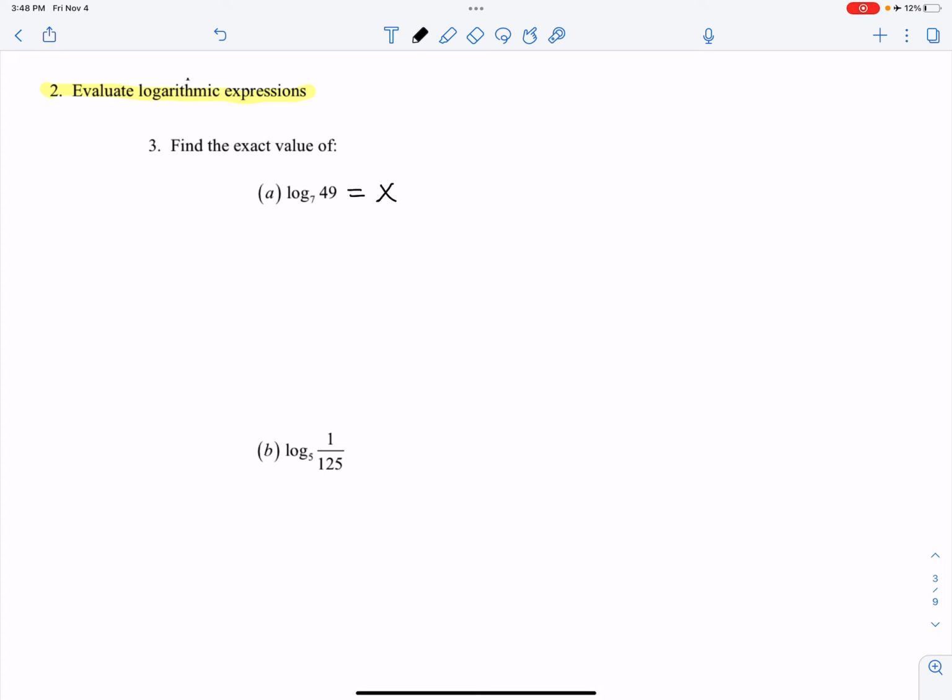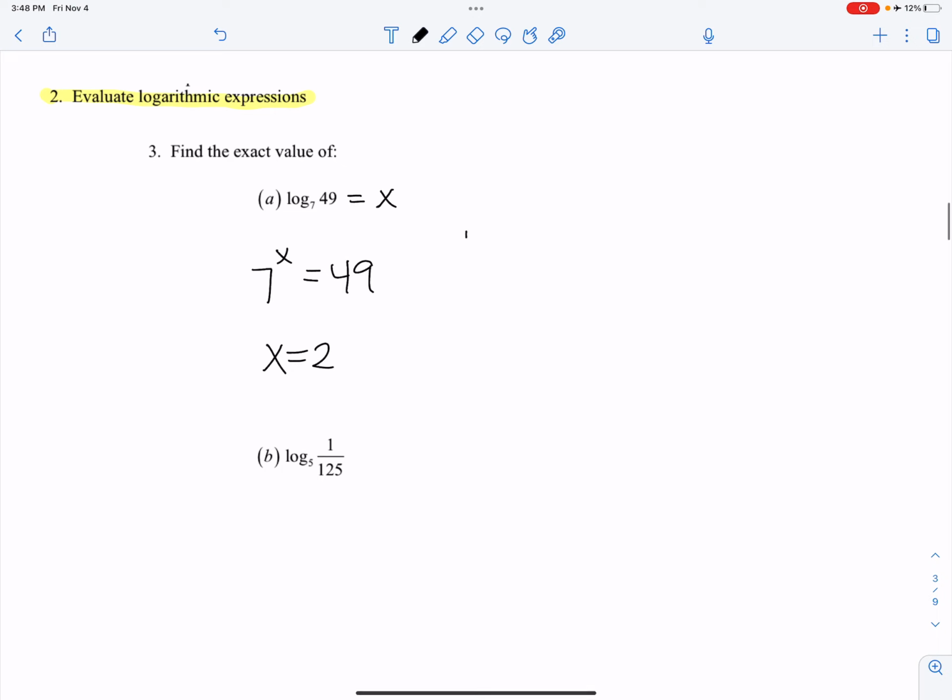So I'm going to think, okay, 7 raised to some power equals 49. Well, I can figure that out. 7 times 7 is 49. So that missing x is 2. What does that tell me? That tells me that log base 7 of 49 has a value of 2.